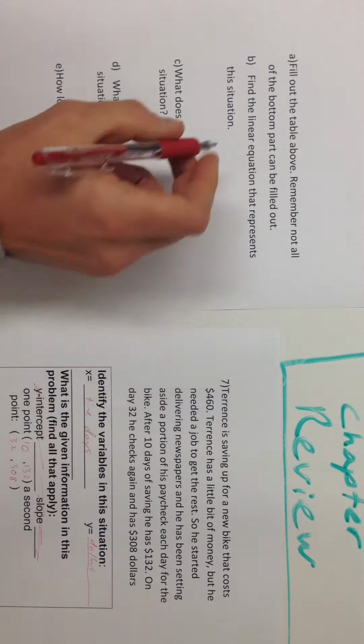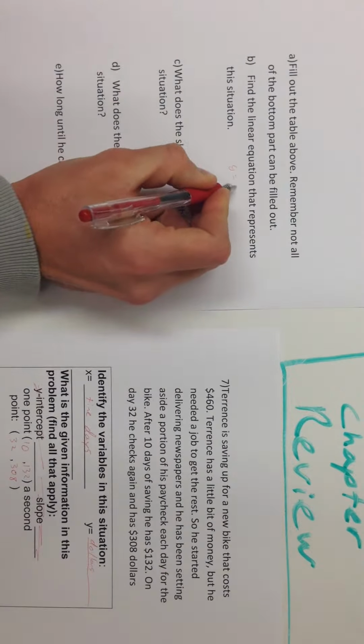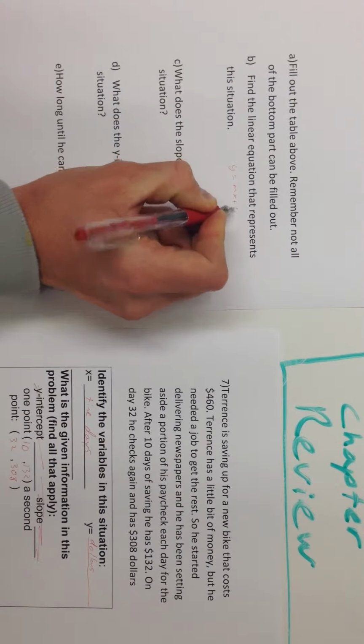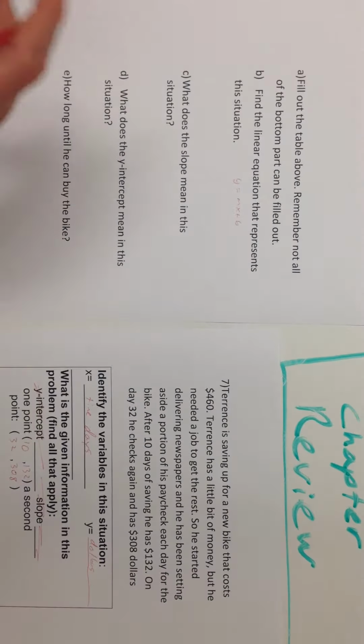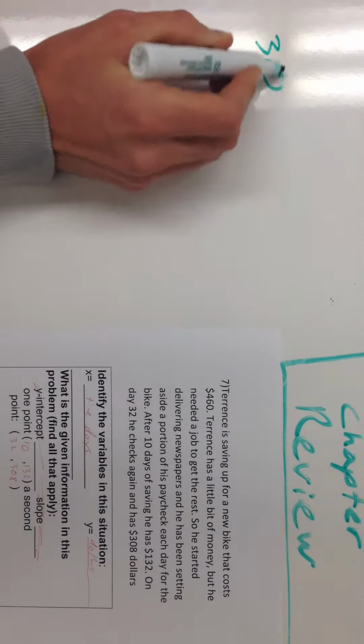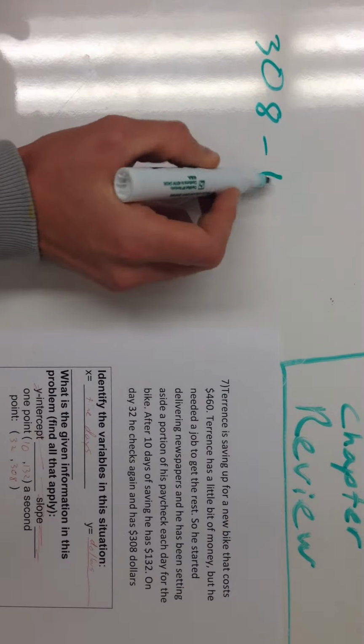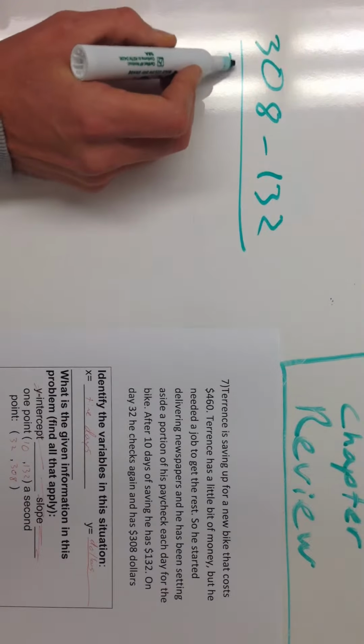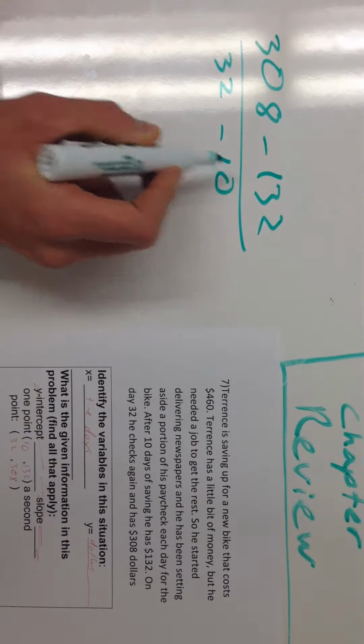So we do it the same way we did it on the previous problems. I think it was problem number 4 or something. We had to write an equation like this. If we have 2 points, I know it's y equals mx plus b, right? So what I need to do is find the slope between these 2 points. I'm going to subtract the y's, 308 minus 132, and divide by the x's, 32 minus 10.